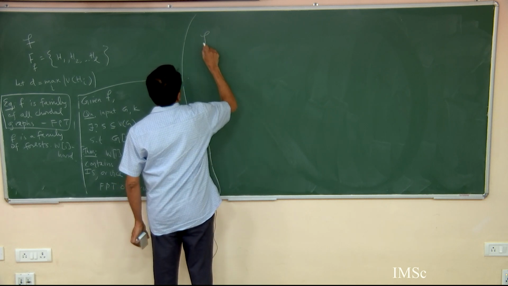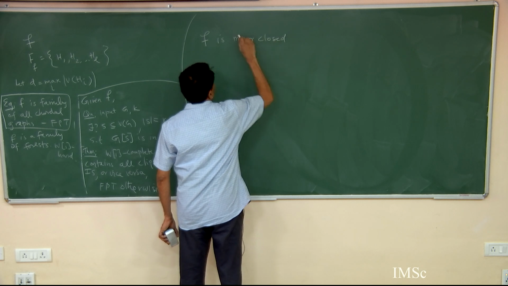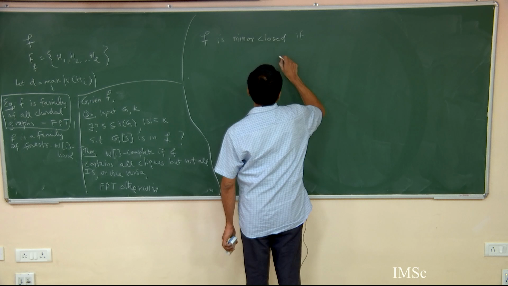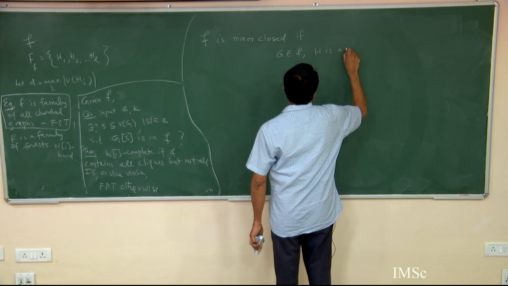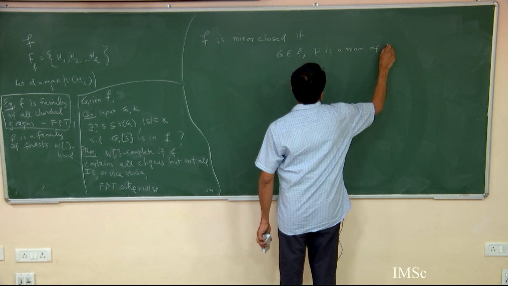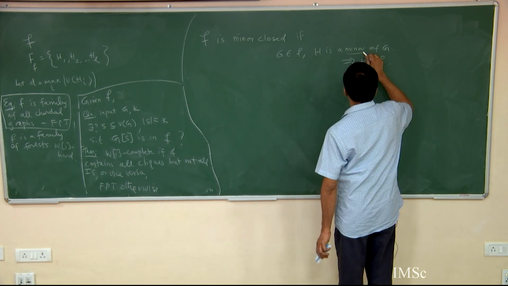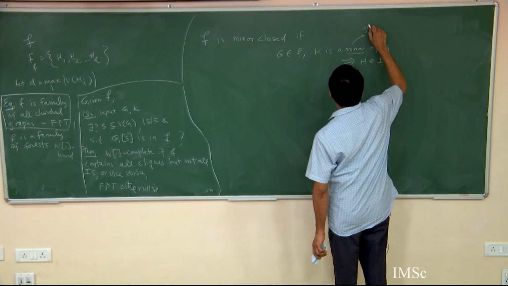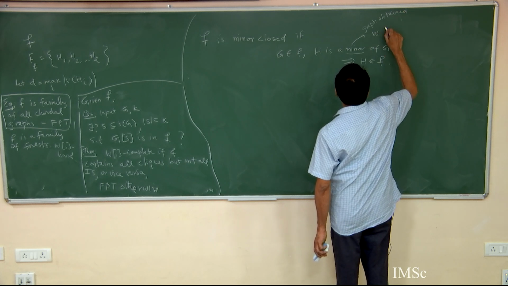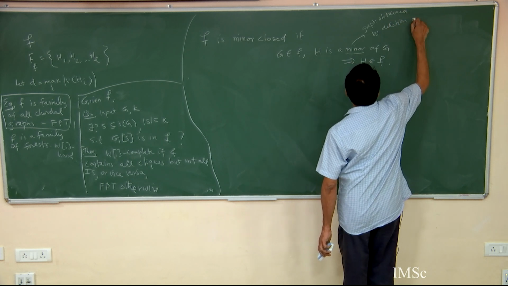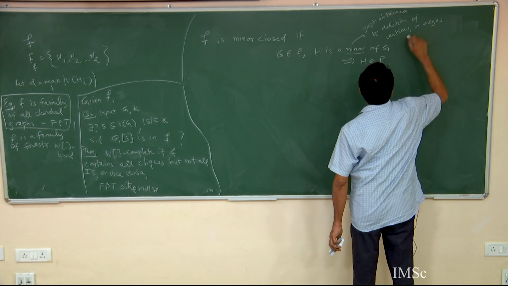My family of graphs F is minor closed if G is in F and H is a minor of G implies H is in F. And I recall what a minor is: a graph obtained from G by deletion of vertices or edges, or contraction of edges.